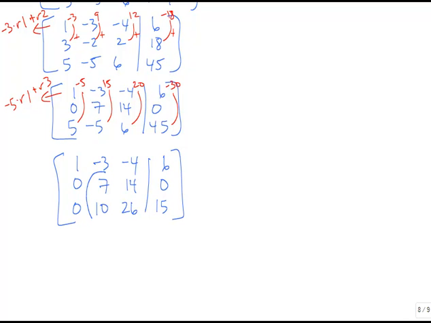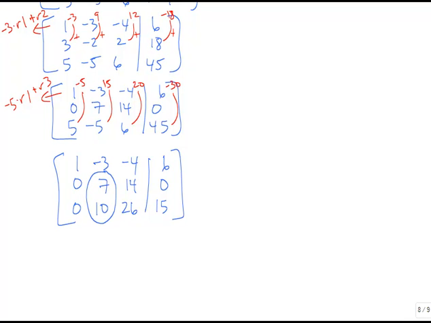Now what we want to focus on is right here. We want to get that to be a 1 and a 0. And if I look at 10 and 7, they have a difference of 3, so that's not a good way to get a 1. But if I look for that same trick that we did on the last example, notice that this second row has a 7 and a 14 and a couple of zeros.